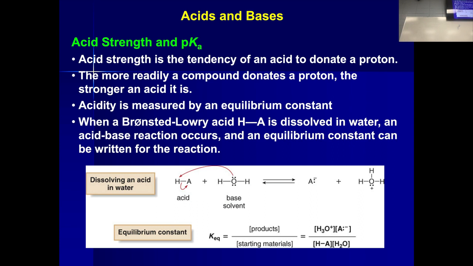So if I add just a little bit of hydrochloric acid to that water, did I really change the concentration of water that much? Not much. It's hard to get anything more concentrated than pure water. So if the concentration of water really doesn't change much, do I really need to pay attention to it here? I really don't.